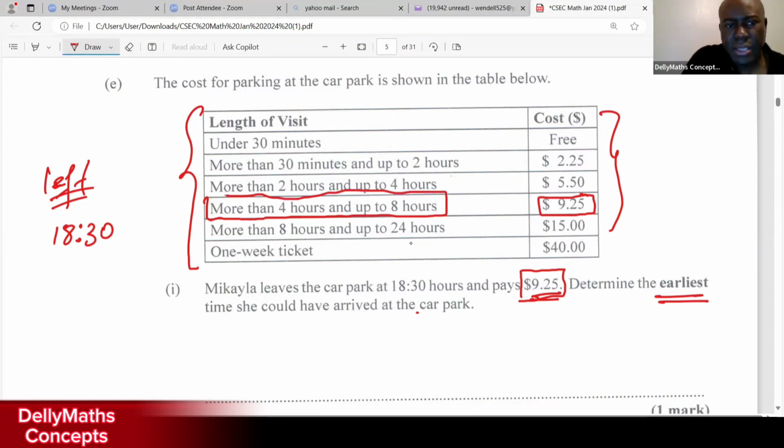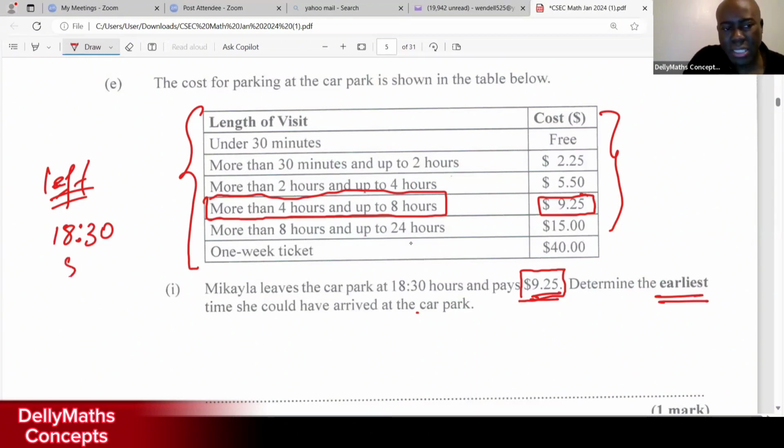Now, the question says, what's the earliest time she could have gone there? So in order to find the earliest time, you want to focus on the biggest number here and subtract it from your 18:30, right? So the biggest number here, the longest stay, would have been 8 hours.